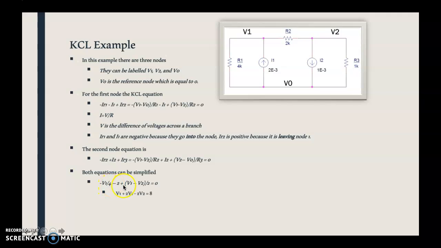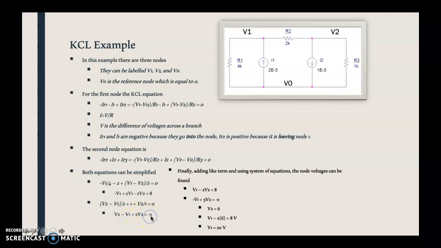So negative 2 is the value in milliamps for I1, and this 2 is the resistance 2, which is 2 kiloohms. Simplifying that further, you can get negative V1 plus 2V1 minus 2V2 is equal to 8. And similar to the second equation, you can simplify it by plugging in the known resistances, simplifying it further.